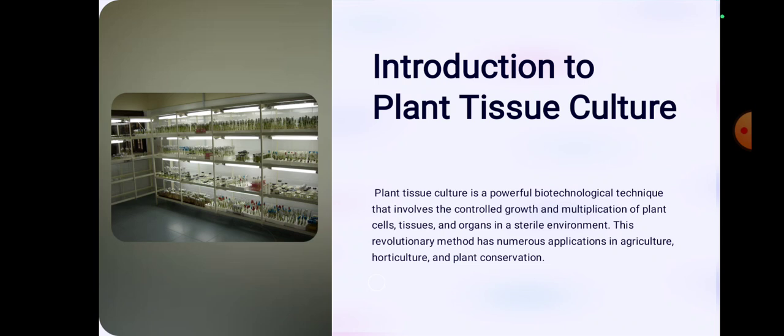Introduction to plant tissue culture. Plant tissue culture is a powerful biotechnological technique that involves the controlled growth and multiplication of plant cells, tissues, and organs in a sterile environment. This revolutionary method has numerous applications in agriculture, horticulture, and plant conservation.